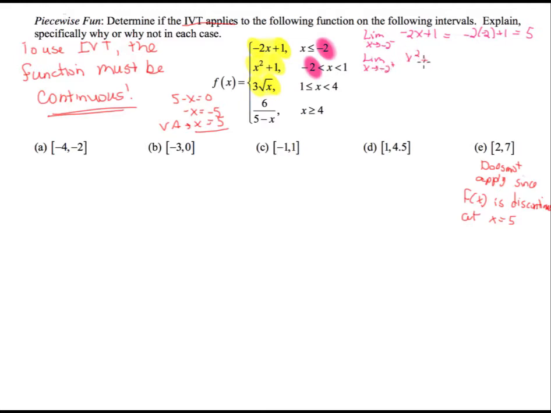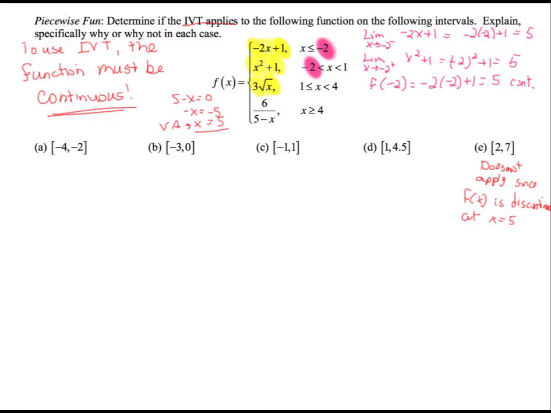But I notice some of my other intervals have negative 2 in the middle, so I'm going to go ahead and see if it is continuous or discontinuous from the left and from the right. So that's what I'm going to do, work here. And I found out that the limit from the left is equal to the limit from the right, so the limit exists, and it's 5, and the function value is 5. So that means this function is continuous at negative 2.